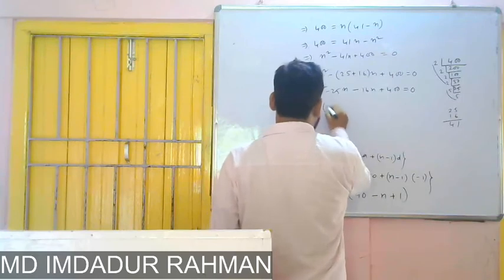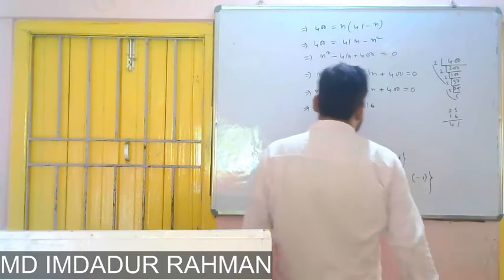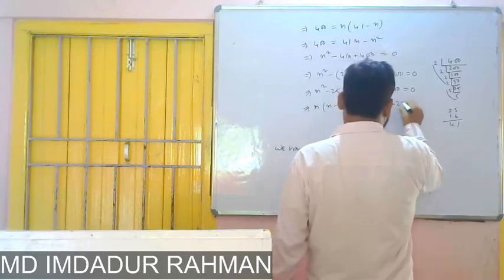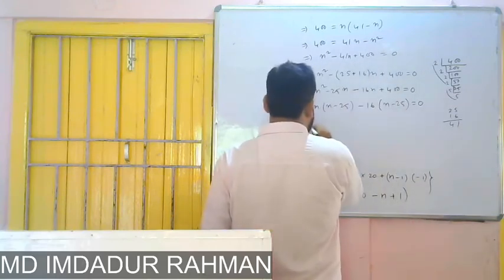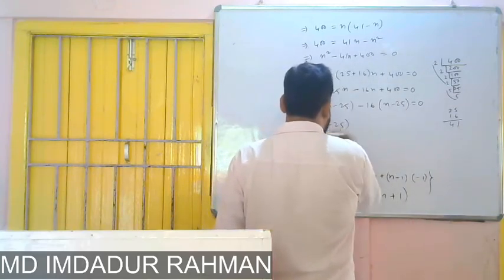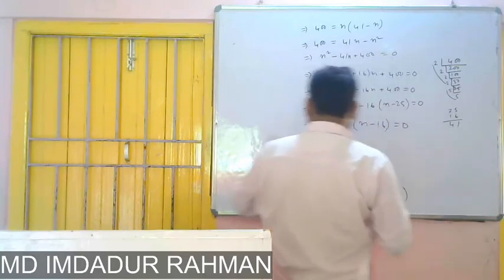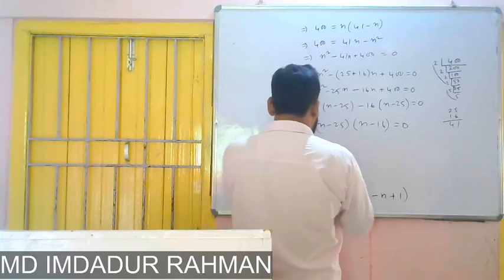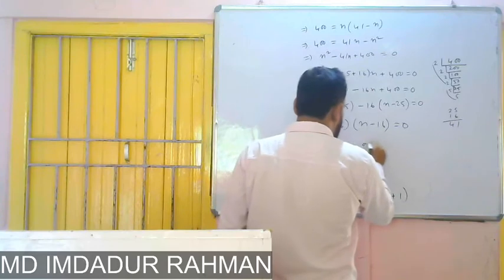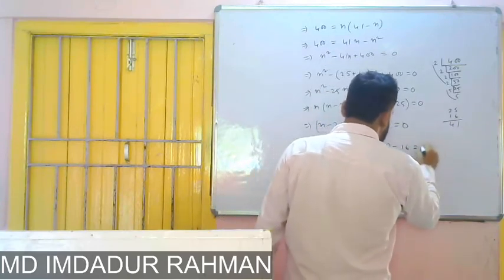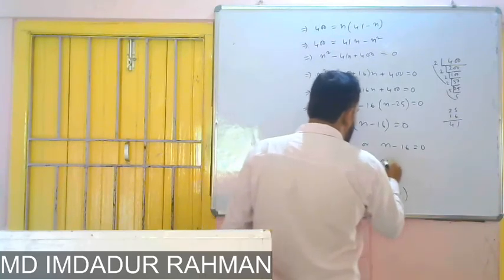Implies n minus 25 into n minus 16 is equal to 0. You see, now here one contradiction will be there. Therefore, n minus 25 is equal to 0 or n minus 16 is equal to 0. Implies n is equal to 25 or n is equal to 16.